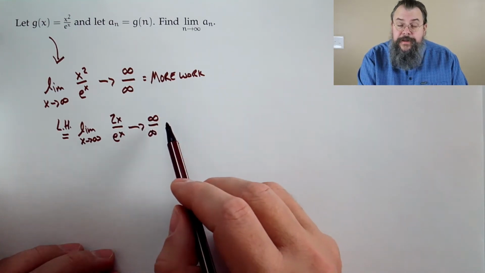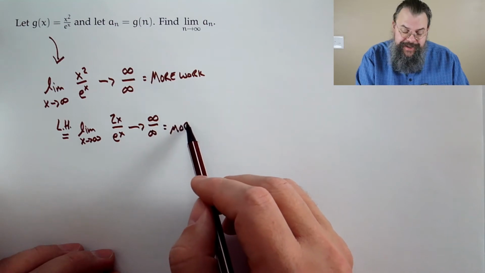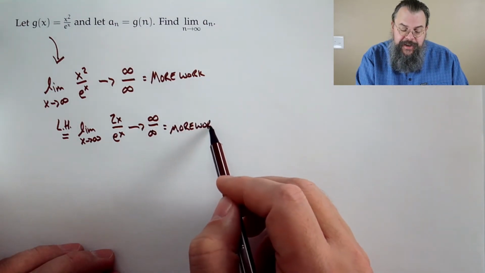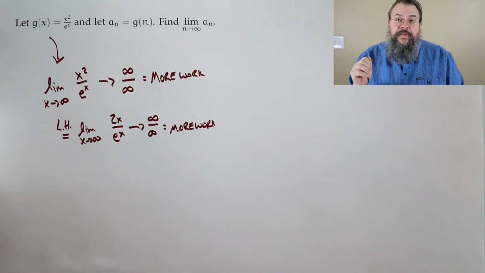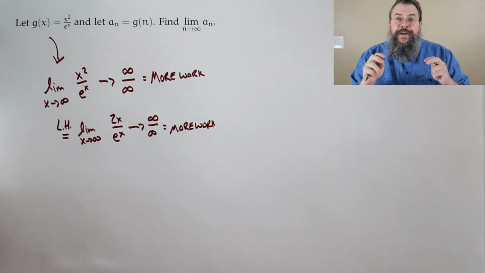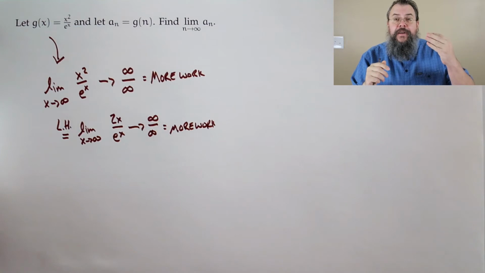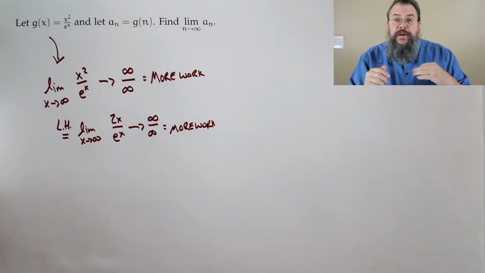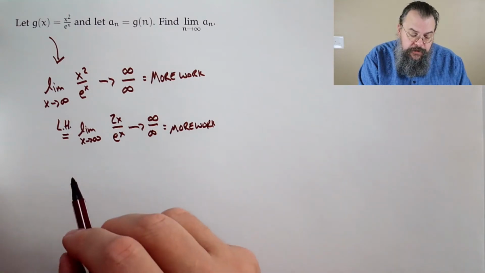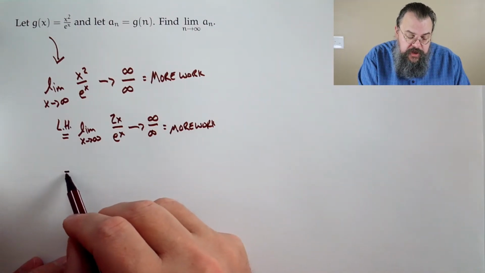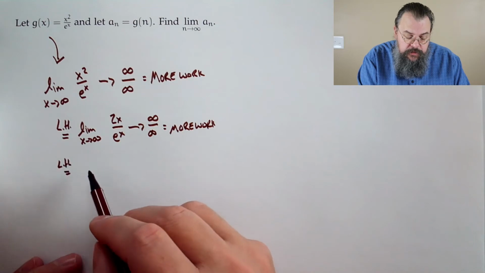Aha! More work. But we're optimistic because in some sense this is simpler. We started with a quadratic on the top, and now it's down to linear. That's simplifying, so let's keep going. We do more. Ah, l'hôpital, mon ami.